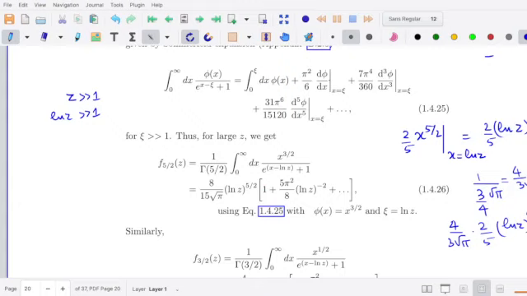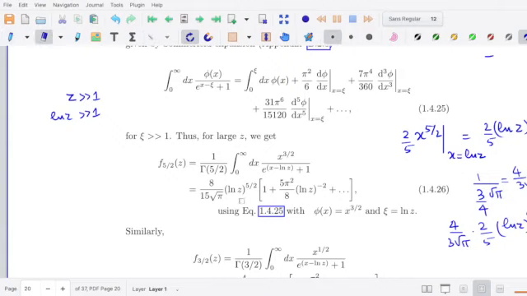Now we can find the next term in terms of d phi by dx, which we can easily find because phi is x to the power 3 by 2, and substitute over here, and the term is going to be given by this. Remember, we have already taken 8 by 15 square root of pi logarithm of z to the power 5 by 2 outside. So effectively this term is going to be logarithm of z to the power half. Now the first term is logarithm of z to the power 5 by 2, the next one is logarithm of z to the power half, and so on.